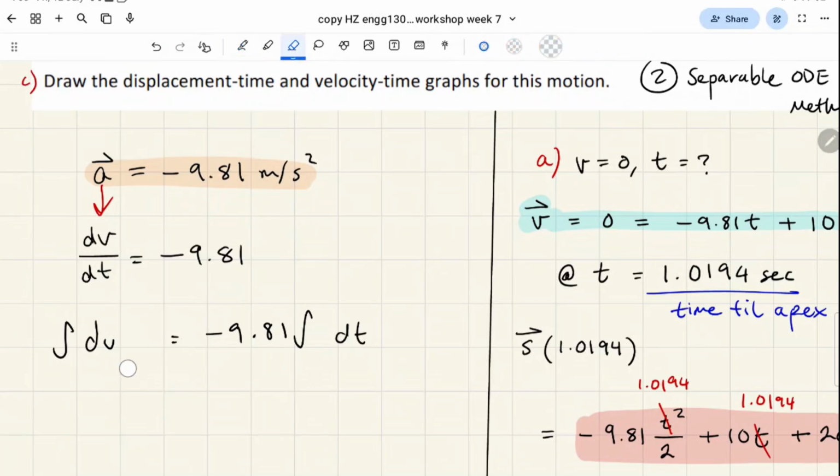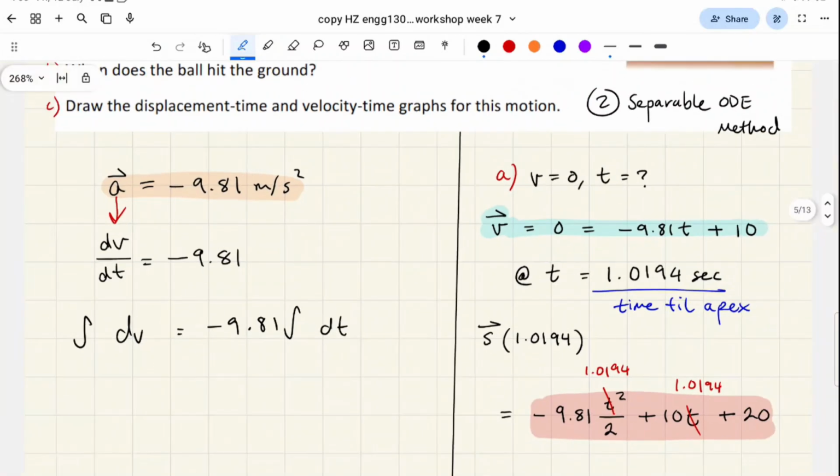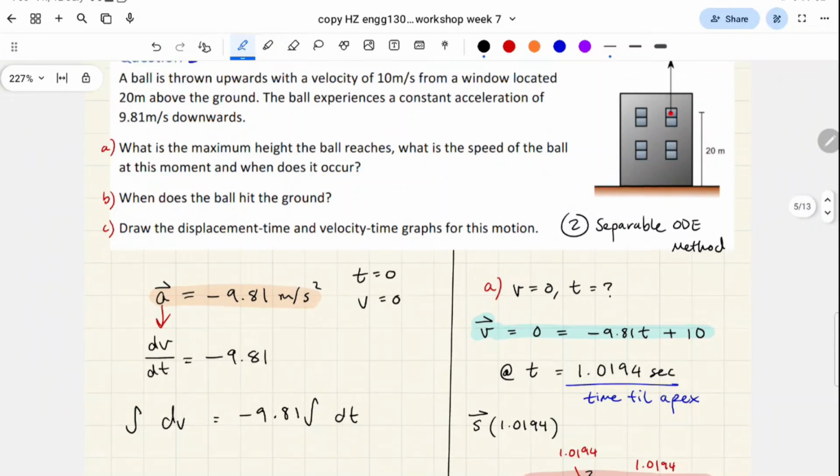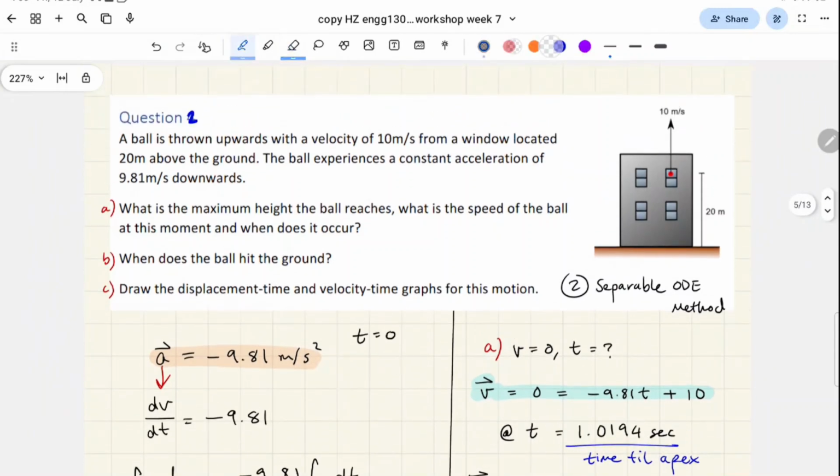And okay, here's basically the upper and lower bounds of these definite integrals. Usually for a question like this, it's implied that you start at t is equal to 0 and, sorry, not t, v is equal to 10, right? So this is the initial velocity, right?